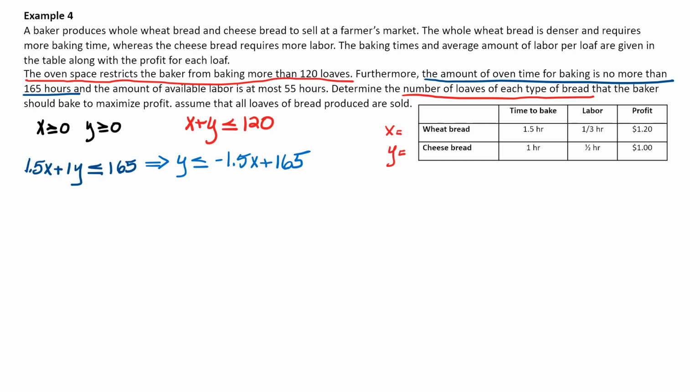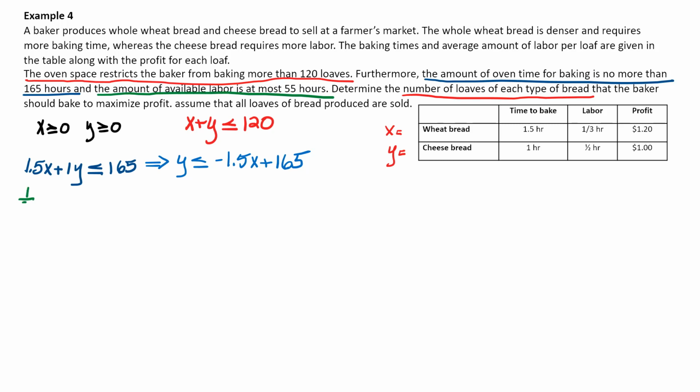All right, then we have another situation. The amount of available labor is at most 55 hours. So people work to make the bread, and at most he can get 55 hours of time. For the wheat bread, it's a third of an hour per loaf, and for the cheese bread, it's a half hour per loaf.